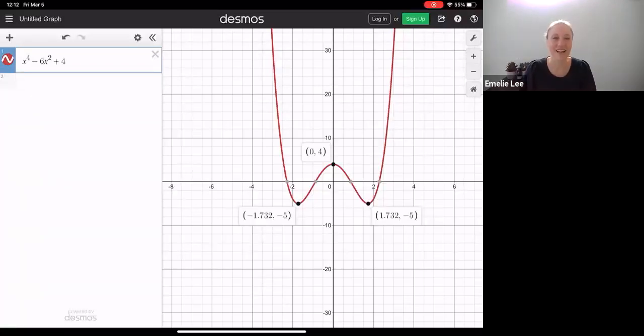So you could grab the points here, or if you evaluated the original function, x to the 4 minus 6x squared plus 4, you would find that the y values here are at negative 5 and positive 4.